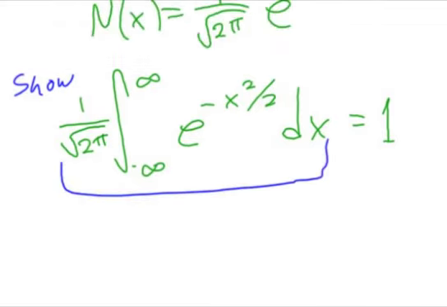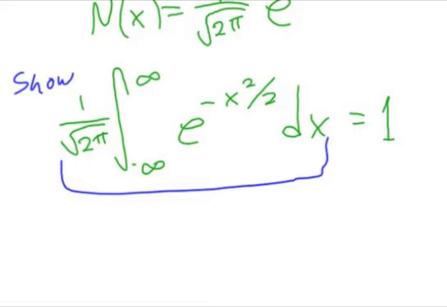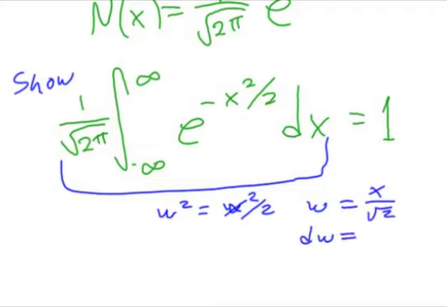And first, a little substitution. I'm going to let w squared be the x squared over 2 in the exponent here. In other words, w is x over root 2, and then we get dw to be 1 over root 2 dx.